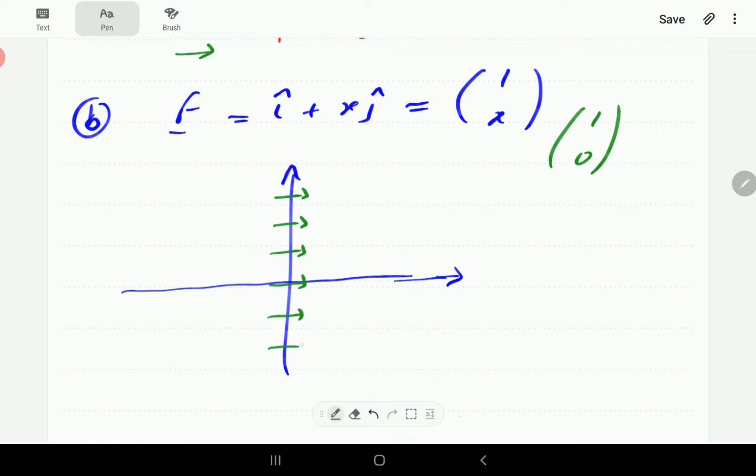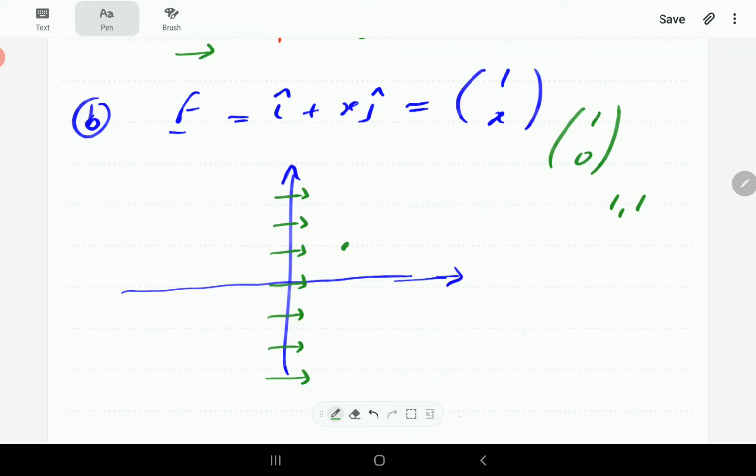In fact, because x is the only variable here, if we choose a vertical line, we're always going to get the same vector. So suppose now we go to the point (1, 1). So x is 1, y is 1.